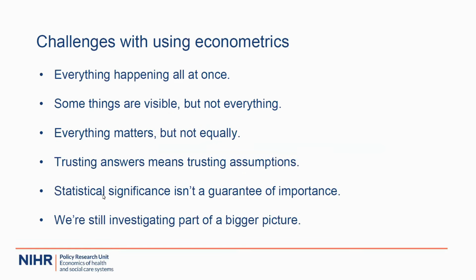Also, everything matters, but not everything matters equally. So that, for example, there could be something which is affecting waiting time to a small extent, and we can't see it. But even if we can't see it, then we can still say something useful about what the role of the presence of a GP is.